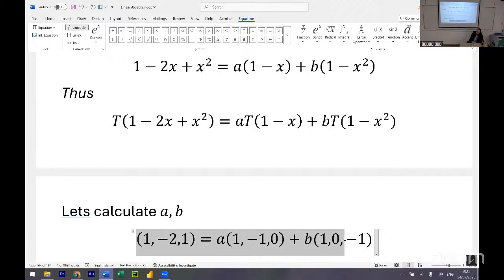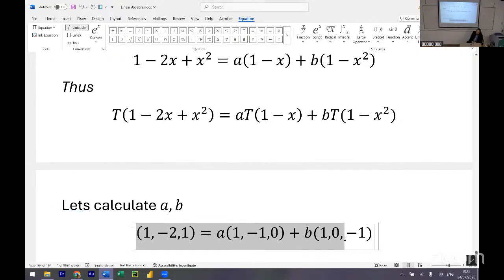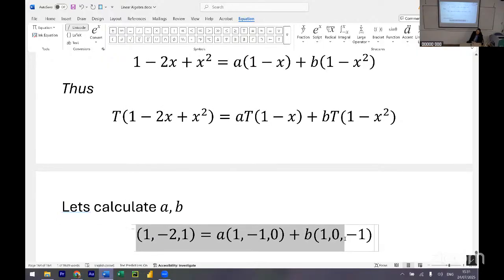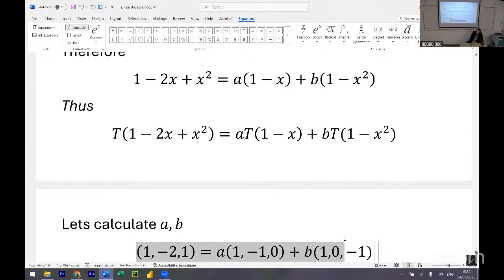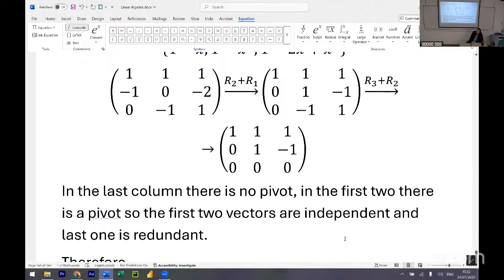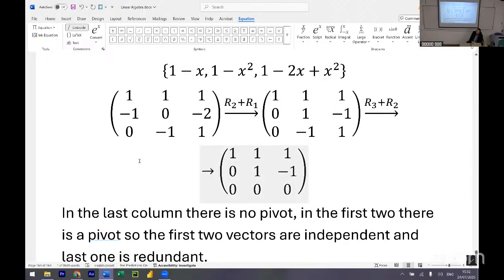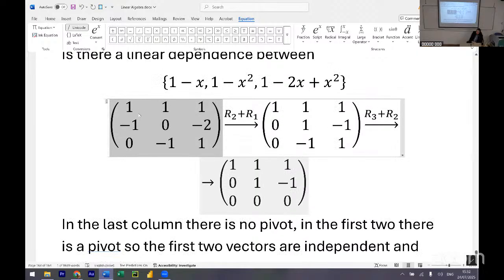Yeah, I just wanted to ask, could you write it as saying that 1 minus 2x plus x squared is redundant, or is any one of the three vectors redundant? So it's an important question. I'm glad you asked it because it is in the test as well. When we put the vectors in columns here, what space are we looking for the matrix? The column space. And you ought to know that you take the vectors from every pivot.